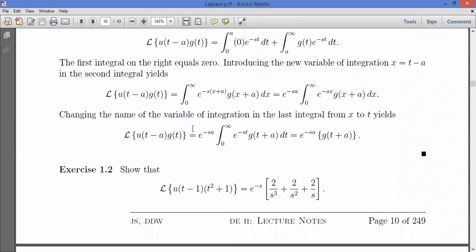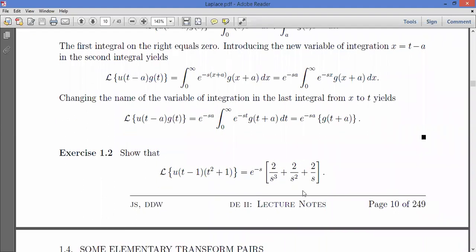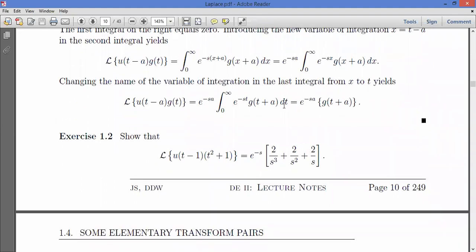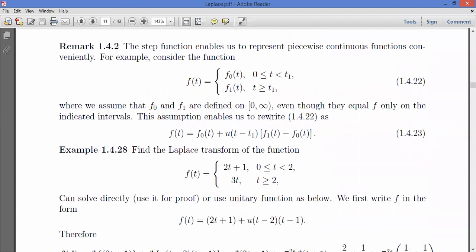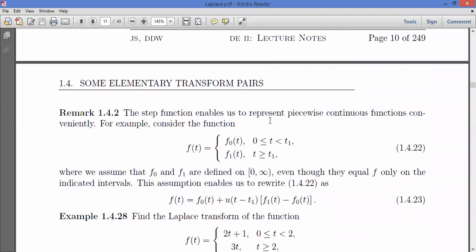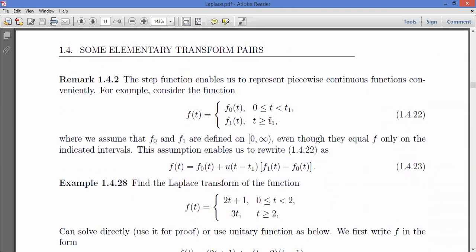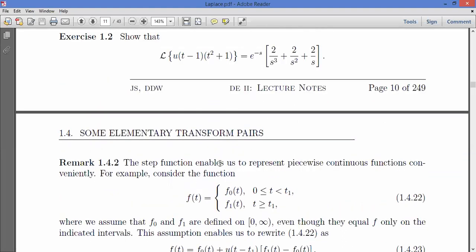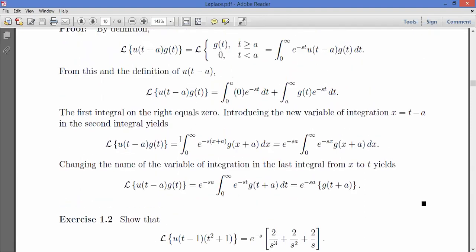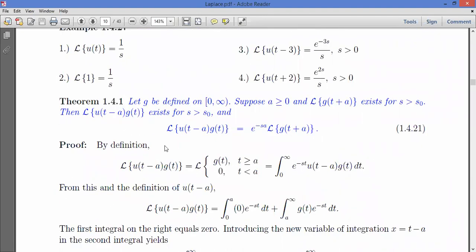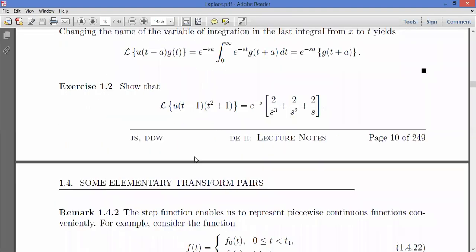This was an exercise, but I attempted it for you and demonstrated how this answer comes along. So in today's lecture, we want to use this one here and solve. We look at another piecewise function. This is just in form of a remark, to complement theorem 1.41.